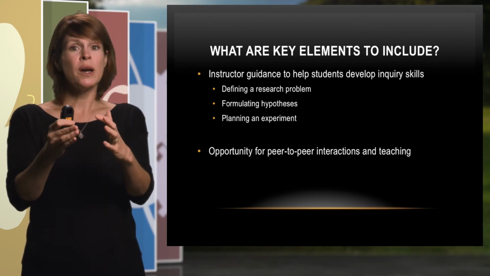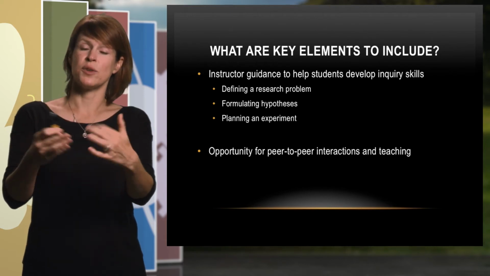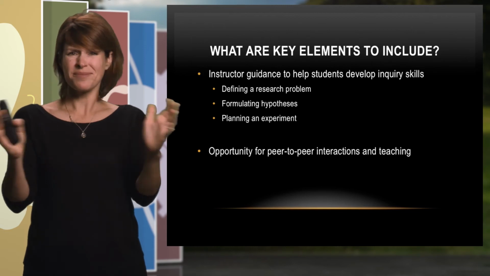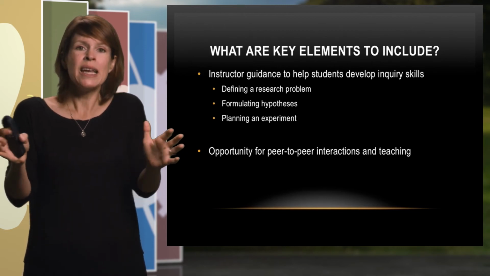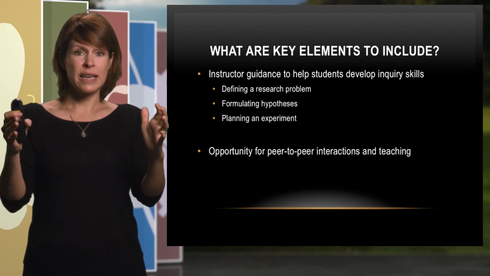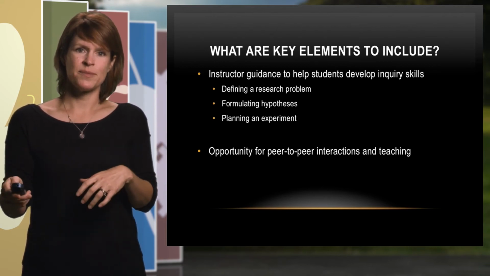You can also simply incorporate opportunities for the students to present to their peers and respond to their peers' feedback. So exactly what that peer-to-peer instruction and teaching looks like can vary, but it's very important to include that element.